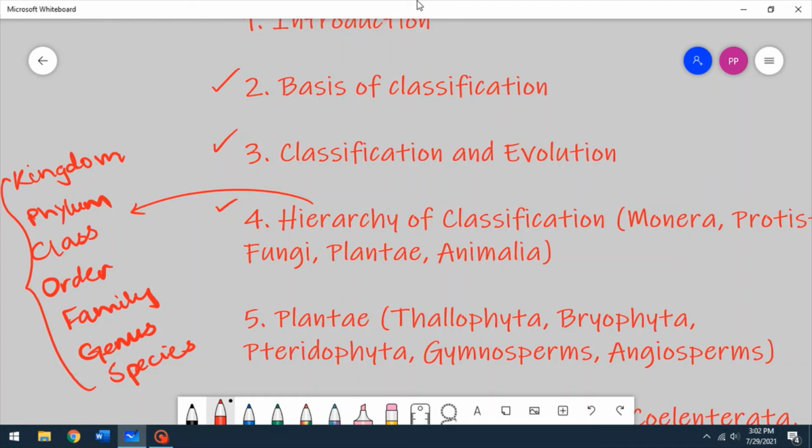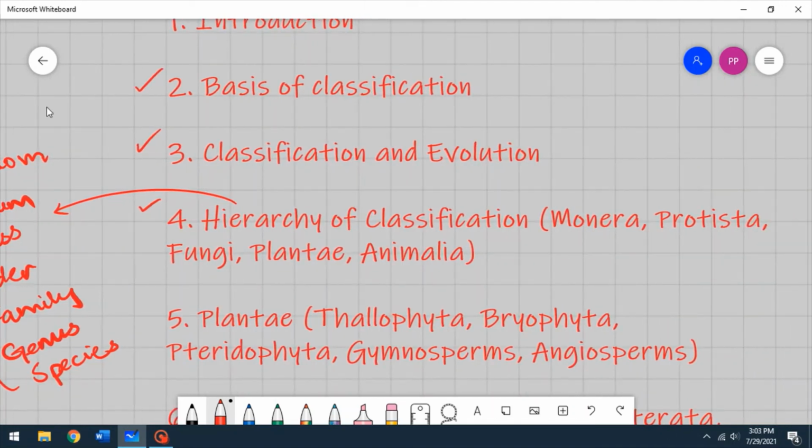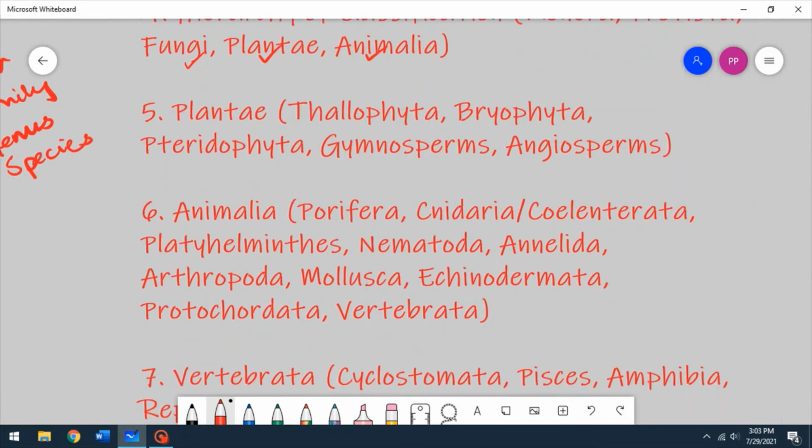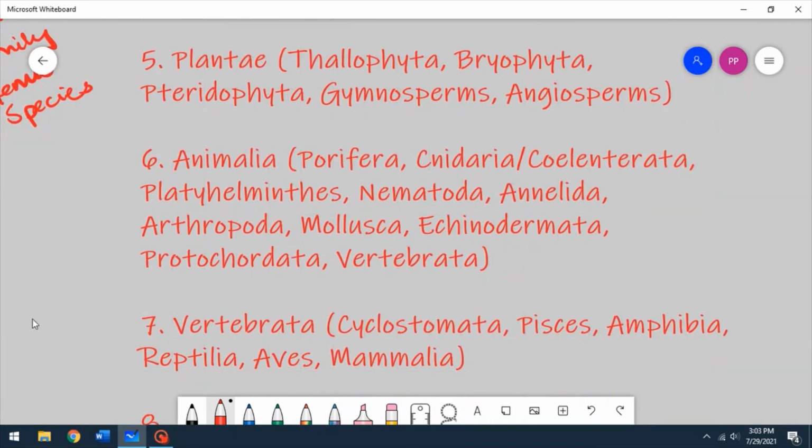And these are the 5 kingdoms: Monera, Protista, Fungi, Plantae, Animalia. And then we learned about the different phyla of Plantae: Thallophyta, Bryophyta, Pteridophyta, Gymnosperms, Angiosperms. Thallophyta does not have a well-differentiated body. Bryophyta has a well-differentiated body, but it does not have specialized tissue for conduction.